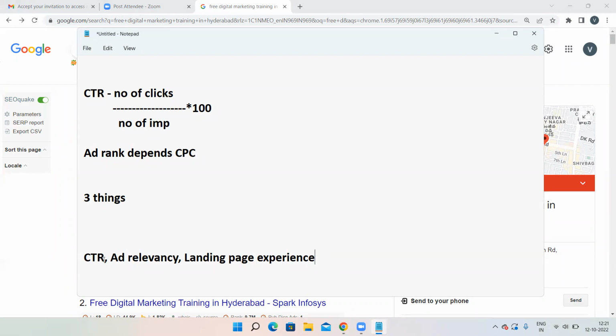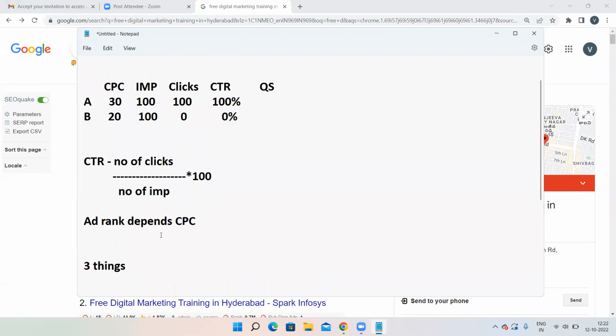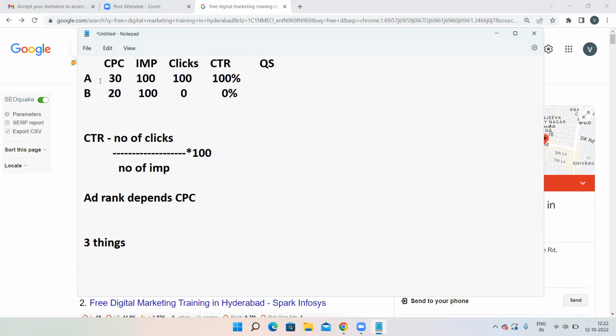But CTR is very, very important. Now, let's assume, what is the CTR of A, guys? The CTR of A is 100. And what is the CTR of B? Because B has clicked on A's advertisement n number of times, the CTR of A has increased, and obviously B did not click on his own advertisement, so the CTR of B is 0.